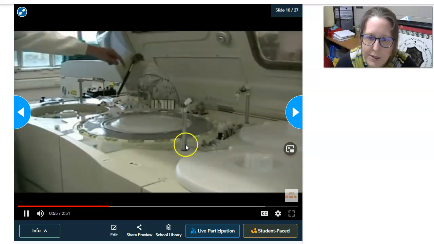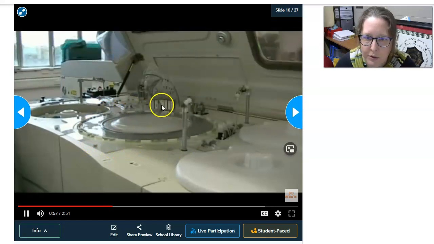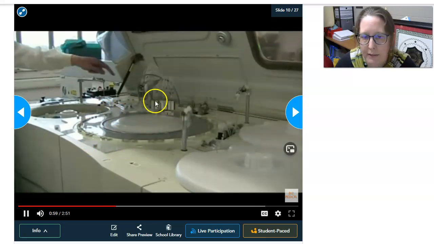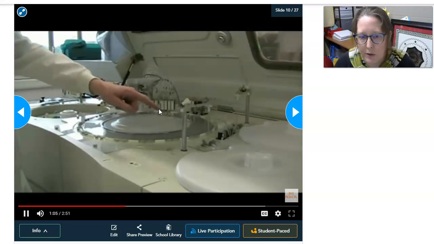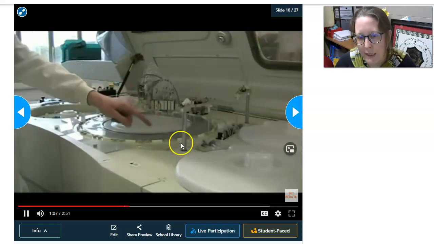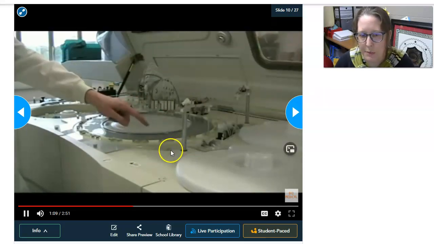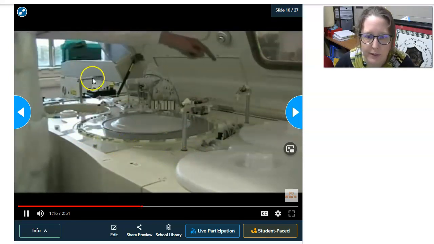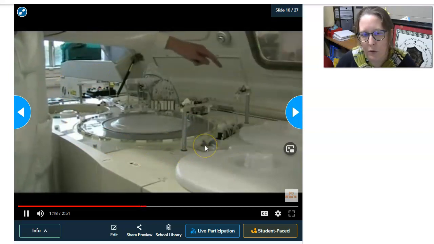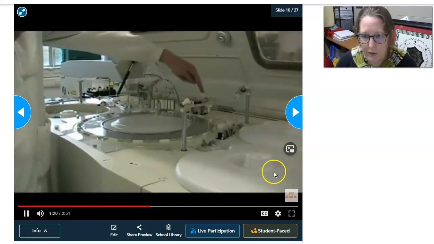And this turntable here has a bunch of cuvettes that are being washed by this system right here. It washes and dries them, and then you start over. And then not seen underneath the machine is the spectrophotometry module that's going to be detecting the reaction that's happening in a lot of these cuvettes. So anyway, I'm not going to play the whole video, but you can see kind of how this works.